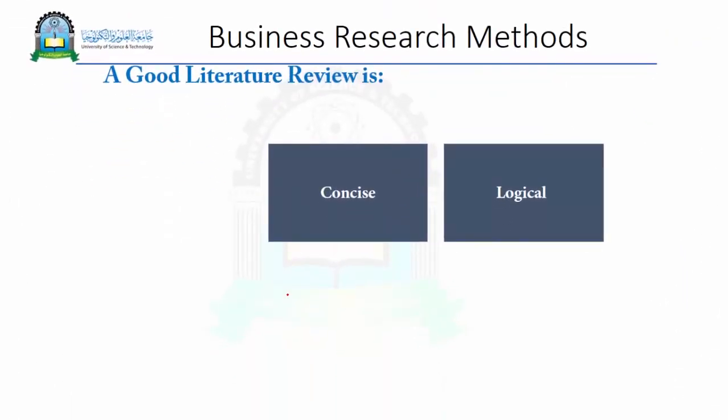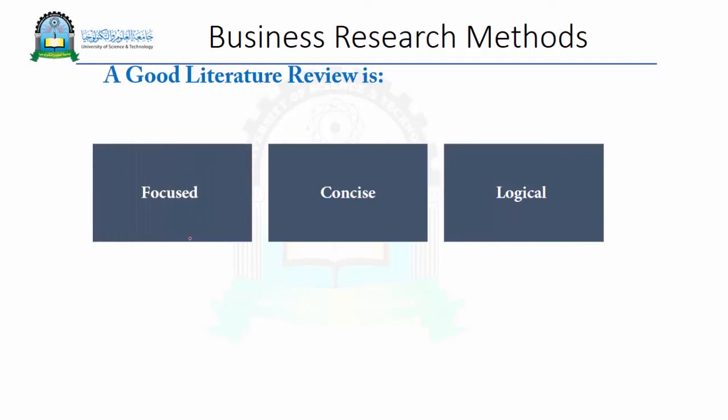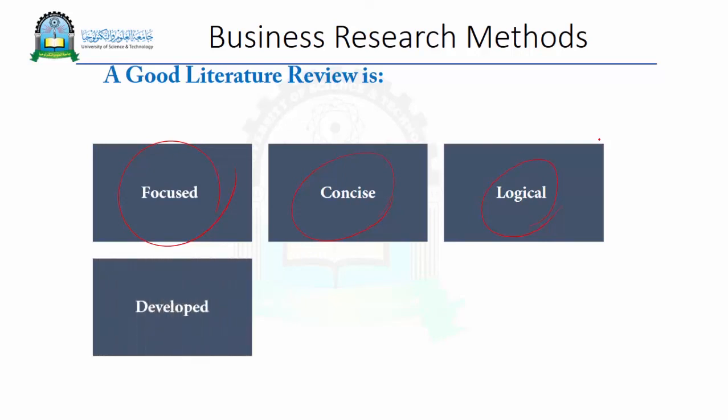A good literature review must be focused, so you focus on only one research problem. Concise: don't write anything that is not related to your work. Logical: when you discuss, synthesize and criticize, you have to mention things logically so people can understand it and find it logical. And developed, so the ideas need to be developed.